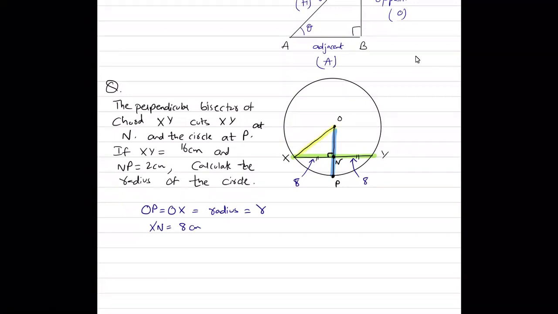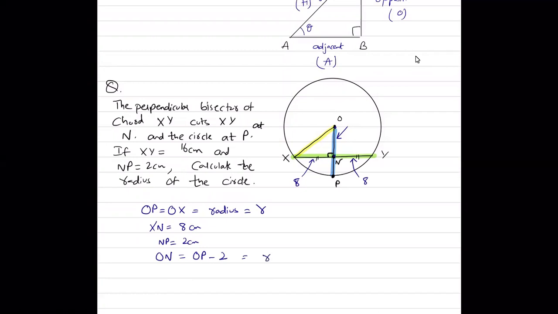ONX is a right angle triangle. If I ask you what this length is going to be, NP is given to me as 2 centimeter. Would you agree that ON is nothing but OP minus 2? Yes. The value of ON is OP minus 2.